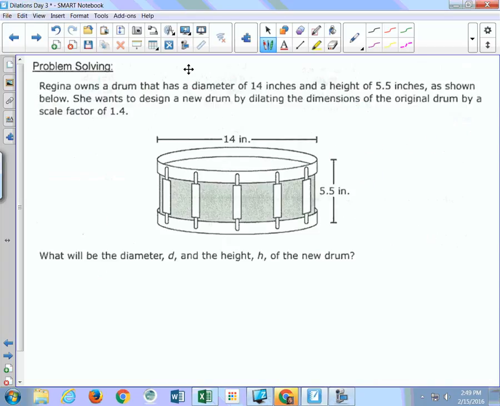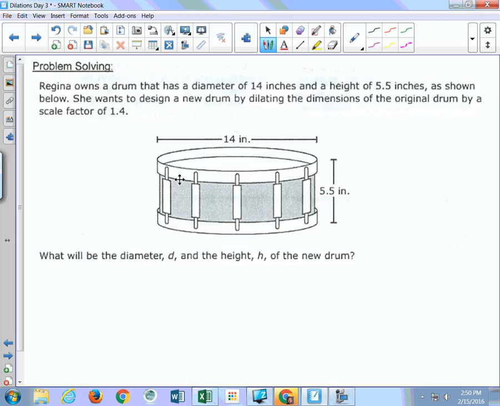It says Regina owns a drum that has a diameter of 14 inches and a height of 5.5 inches. As shown below, she wants to design a new drum by dilating the dimensions of the original drum by a scale factor of 1.4. So, if I want to make the diameter bigger, what do I need to do?